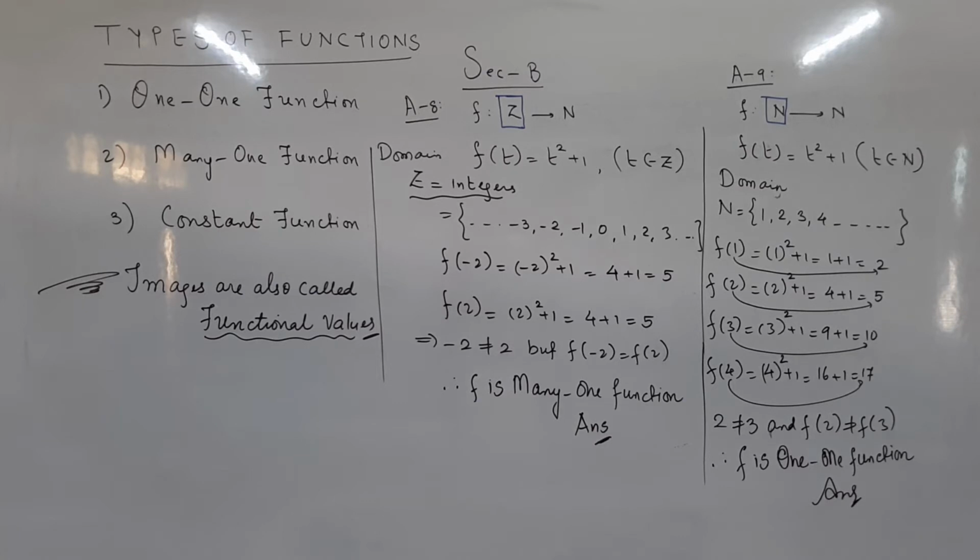So only a square does not always indicate many-one, but along with the square, domains are also an important criterion to decide the types of function. So this completes our section B in terms of types of function.